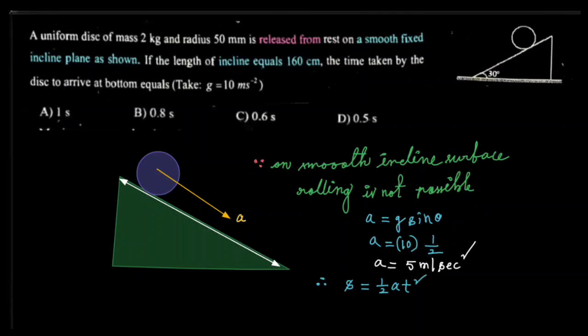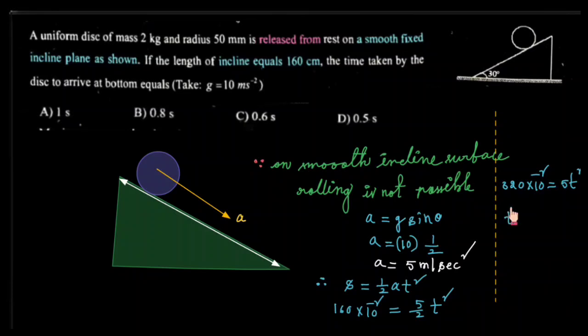It is 160 centimeter, which can be written as 160 into 10 power minus 2, is equal to 5 by 2 into t square, right? So 320 into 10 power minus 2 is equal to 5t square, right? If you do this calculation, you get t is equal to 0.8 second.